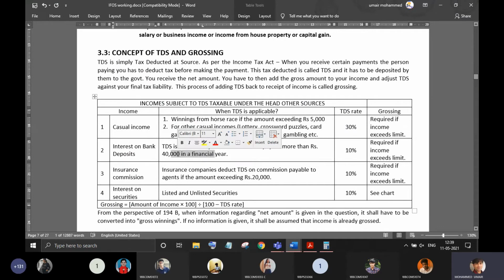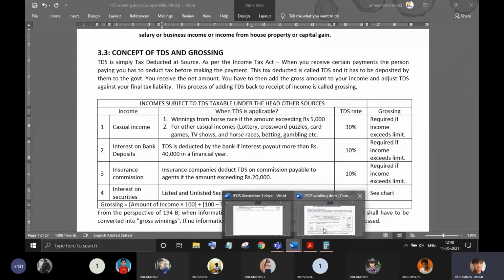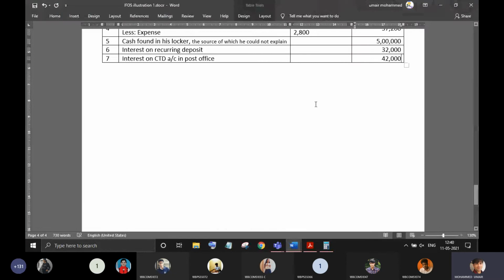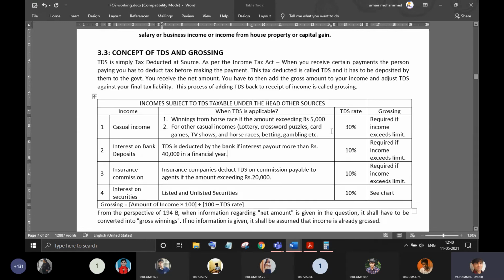For bank deposits, the rule of 40,000 is applicable, only if the interest on deposit exceeds 40,000, then TDS is applicable. But this is not a bank deposit. This is a time deposit in the post office. So for post office deposits, there is no TDS at all. So we take the full amount.